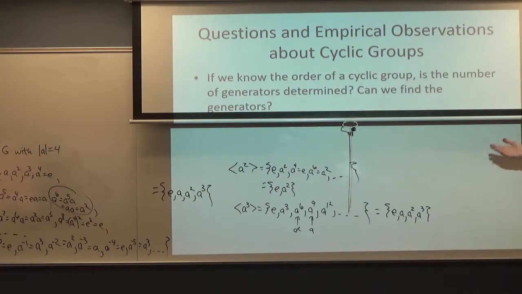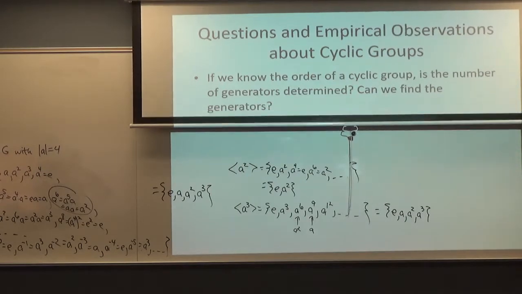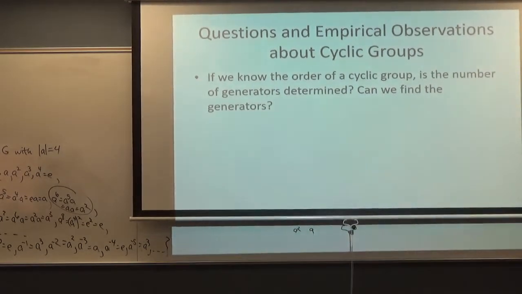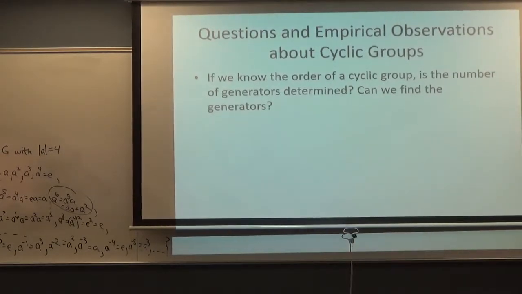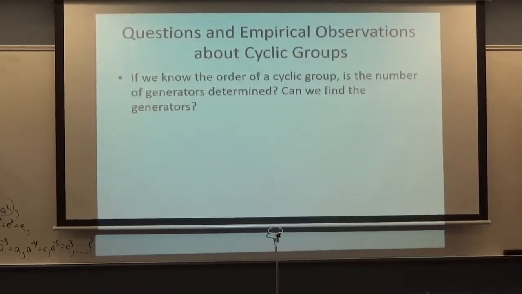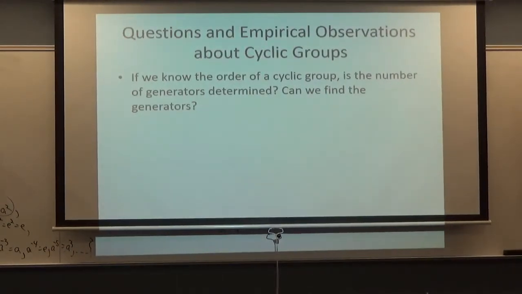Now, I didn't write sentences, but essentially that could be the idea of the proof, that every cyclic group of order 4 has 2 generators. And we can find them. They're the original generator and its cube. Or in additive notation, the original generator and 3 times it, in Z4, 1 and 3.